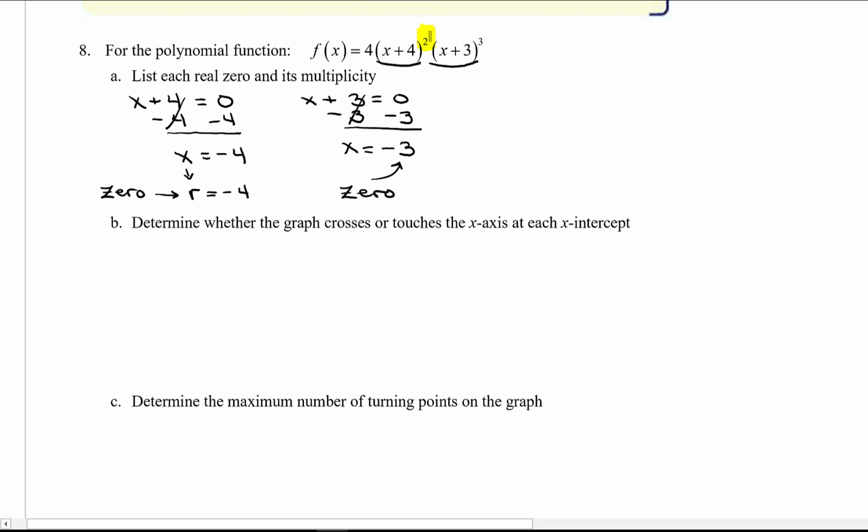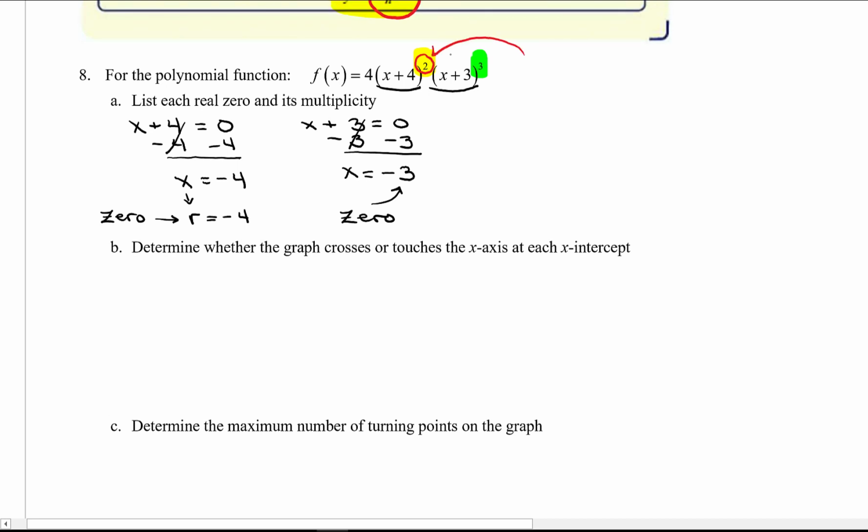So these are going to be our zeros. And the multiplicity is going to be the exponent that's on that factor. Since x plus 4 has a power of 2, it has multiplicity 2. And since x plus 3 has a power of 3, we would say that this zero has a multiplicity of 3. Let's go ahead and write out our answer so it looks a little bit nicer.